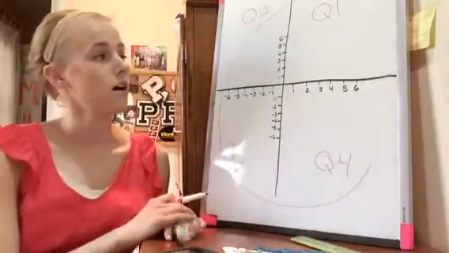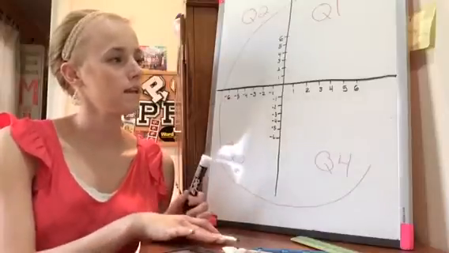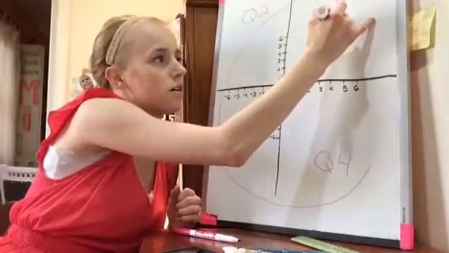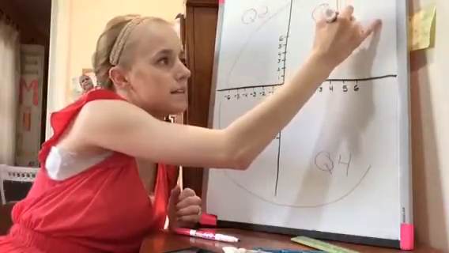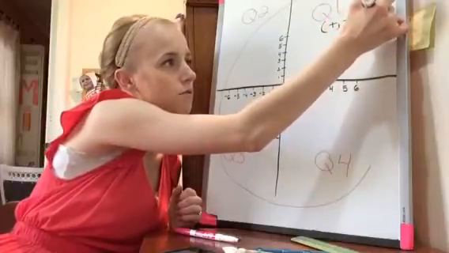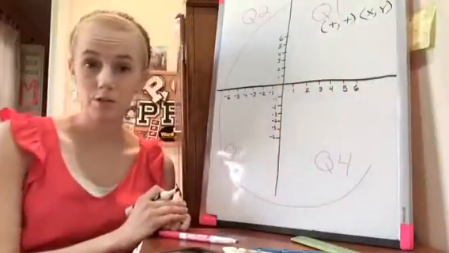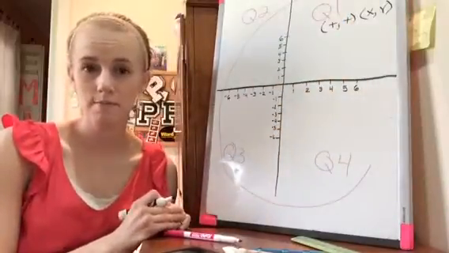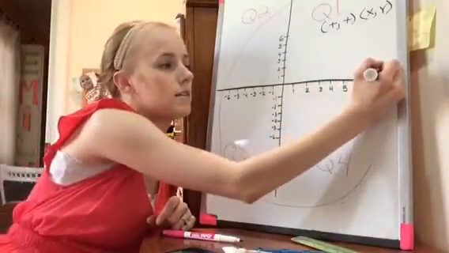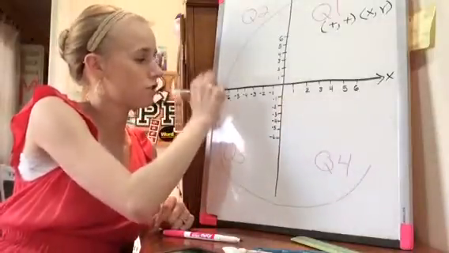All right, so there's also another thing we have to remember. In quadrant number 1, our points are always going to be positive, positive. Remember, a point is always an X value, then a Y. Do you remember which one's X and which one's Y? Good. This is our X axis, and it goes in both directions.